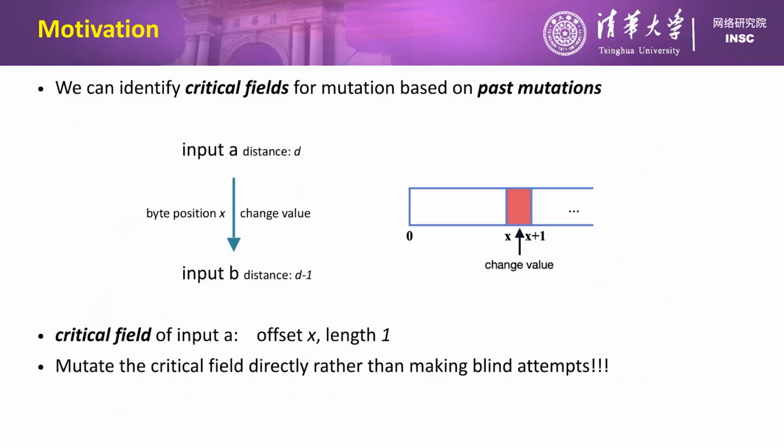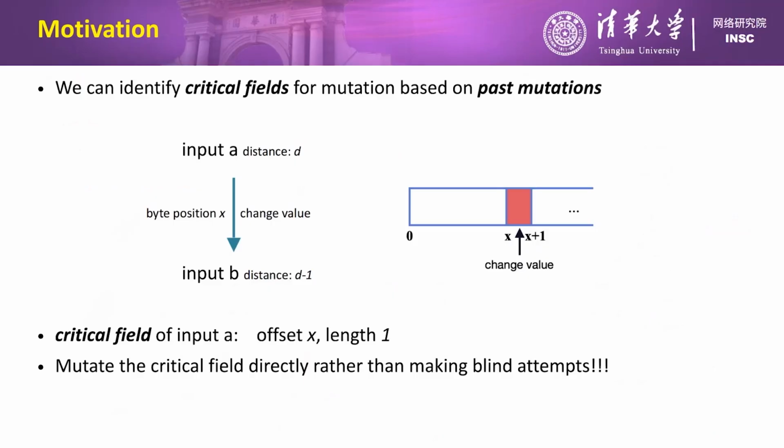Our key insight is that we can identify critical fields for mutation based on past mutations. For example, we have fuzzing input A with distance D. When we mutated at byte position X with a changing value operation, it generates input B with a smaller distance, D minus 1.